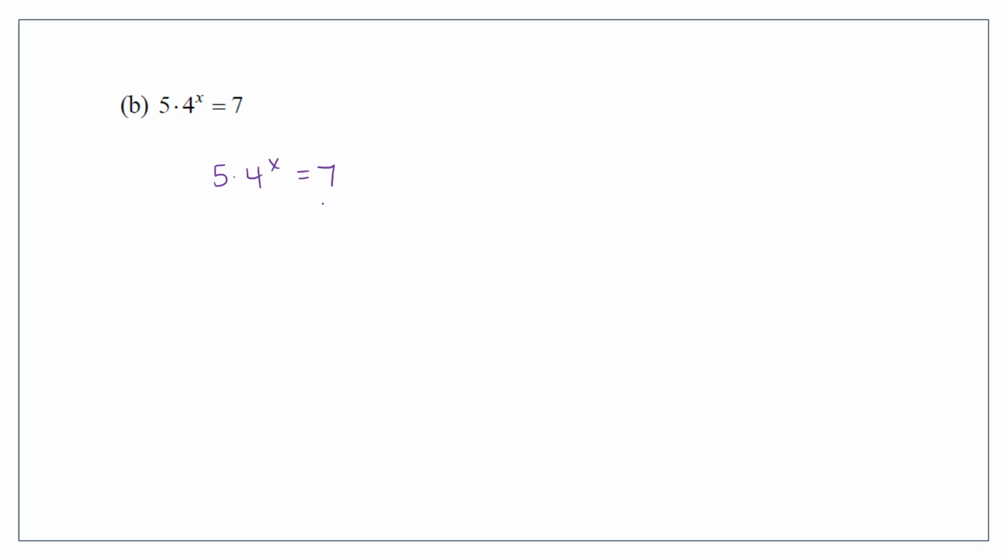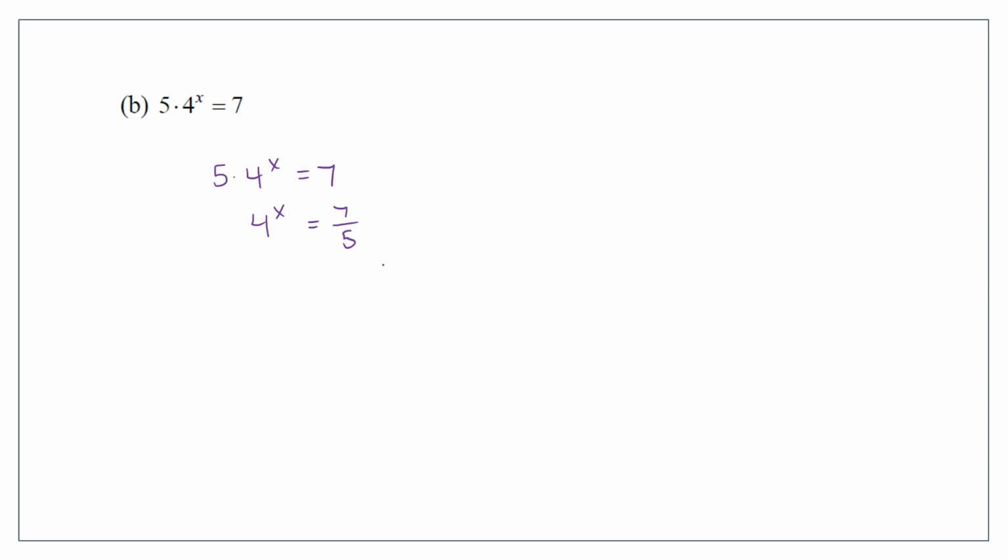So in order to apply any of the properties, we want to make sure that our exponent and our log are single, meaning they are not being multiplied by anything, divided by anything, added, or subtracted to anything. So we are going to first divide both sides by 5 so that we can get that 4 to the power x all by itself.